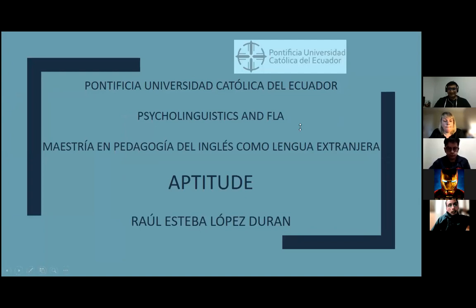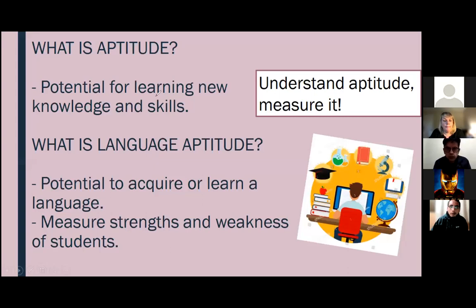I'm going to talk about aptitude. So what is aptitude? Aptitude is the potential for learning new knowledge or new skills. It involves how fast your brain works when you learn new things.